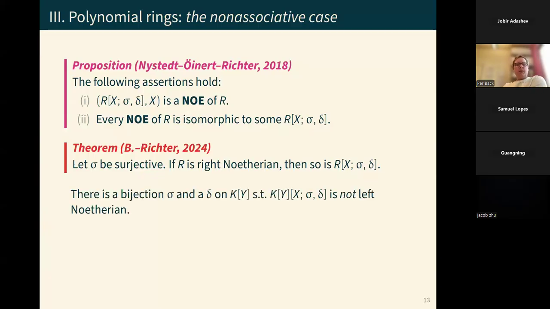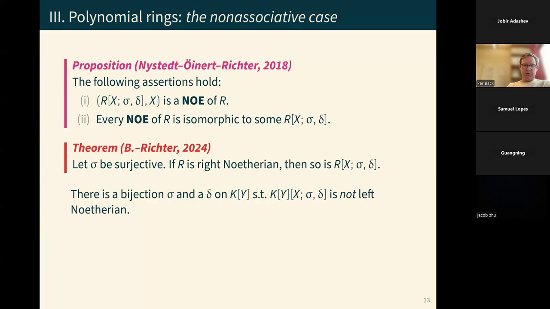Okay, now, strangely enough, there is a bijection sigma and a choice of an additive map delta on this ordinary polynomial ring such that this thing is not left Noetherian. So this K[y] here is of course both left and right Noetherian.